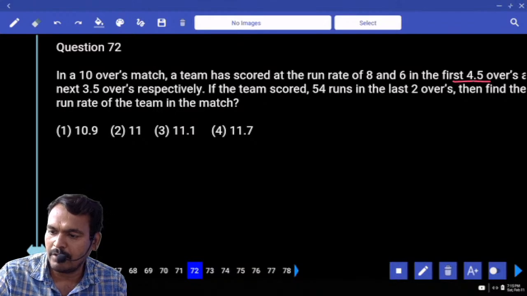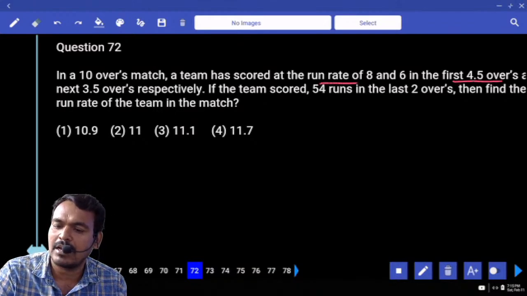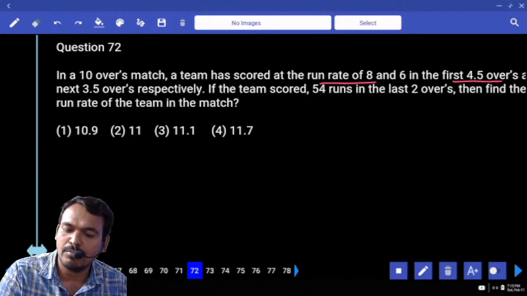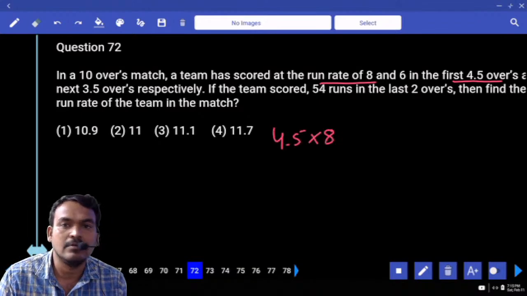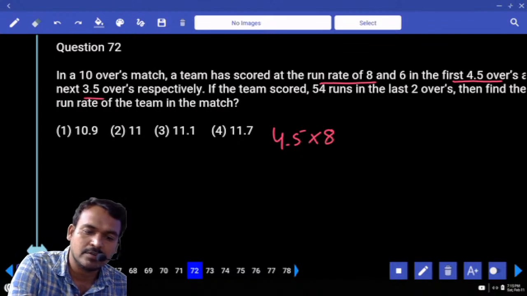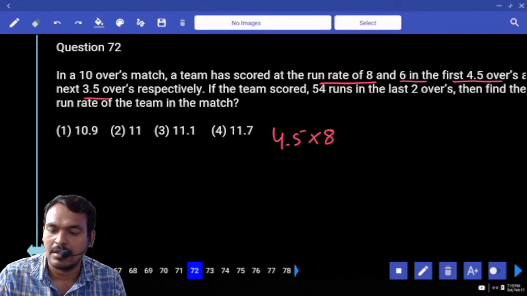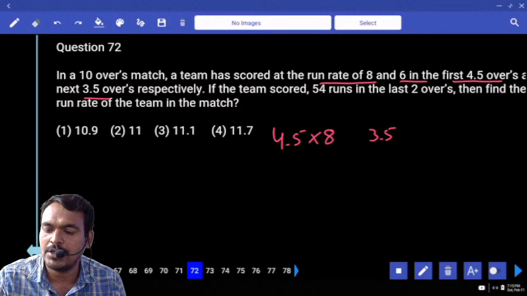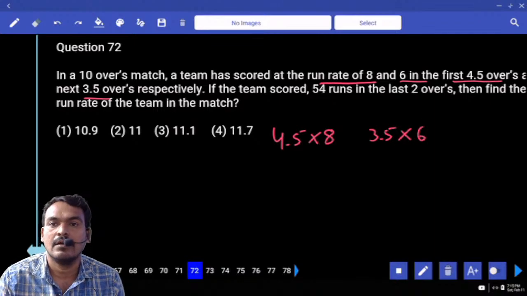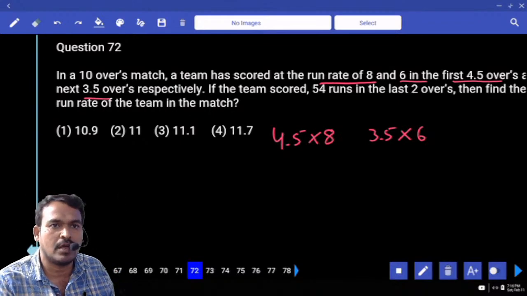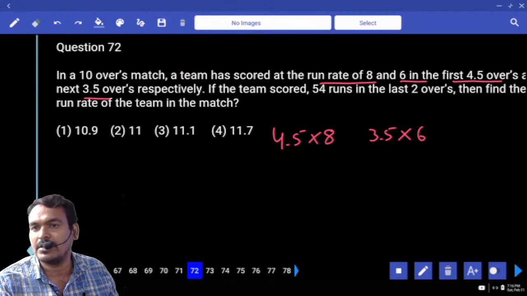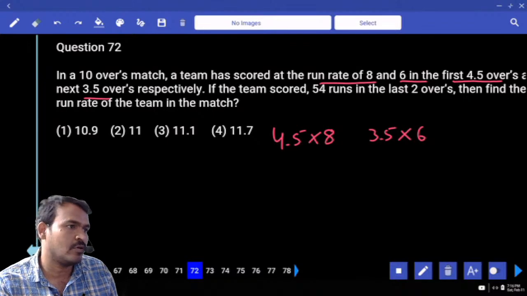First 4.5 hours, what was the run rate? 8. Means 4.5 into 8. Next 3.5 hours, what was the run rate? 6. Then we write 3.5 into 6.